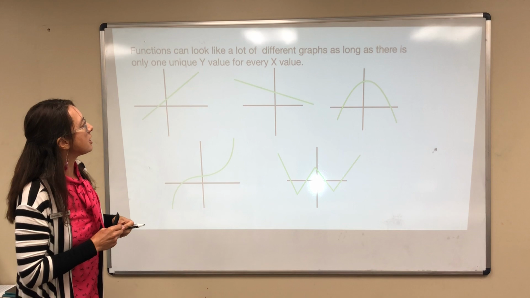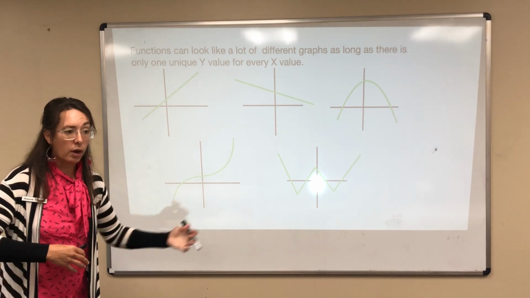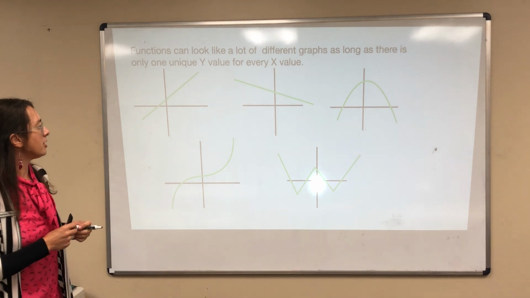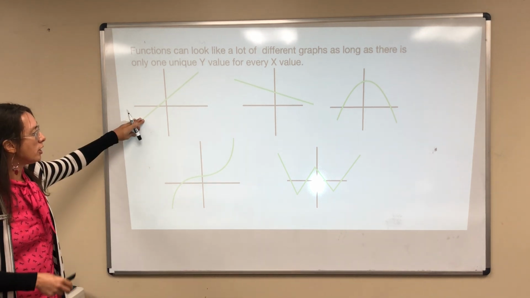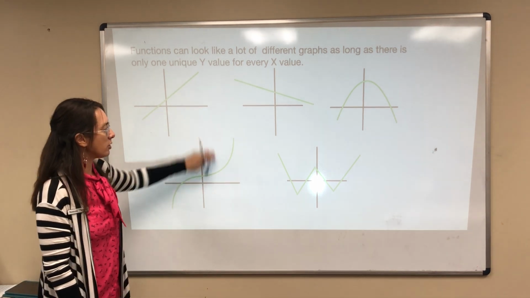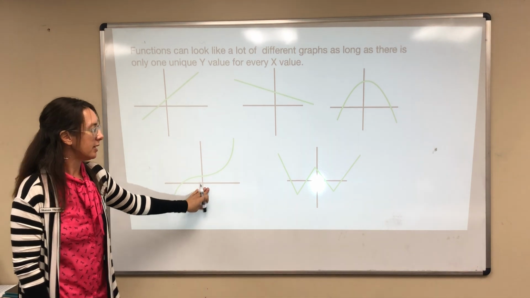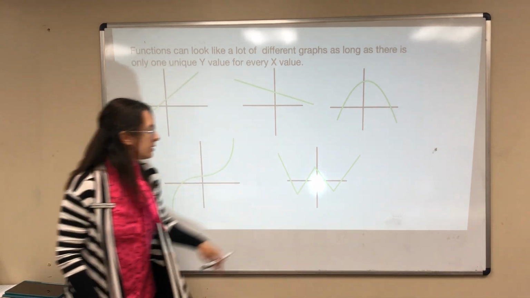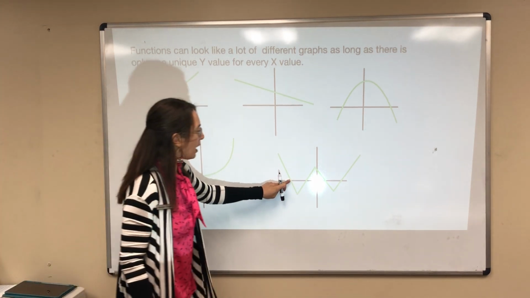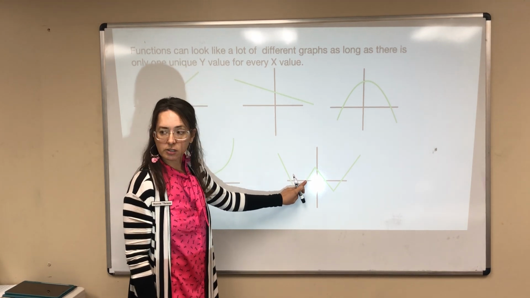All right, so functions can look like a lot of different graphs as long as there's only one y for each x value. So let's look at these. All of these are functions because I can draw a vertical line through every single one of them. Okay, even this one here. If I pick x as -2, I only have one answer.